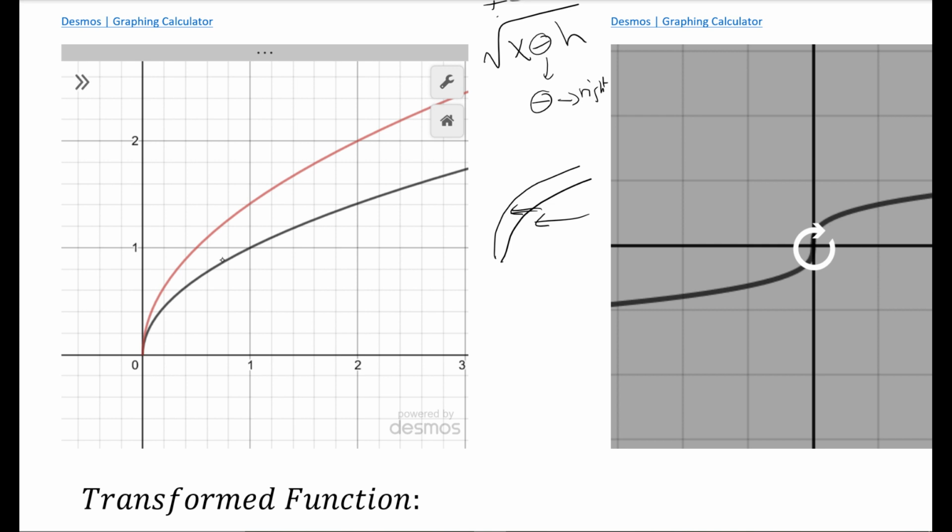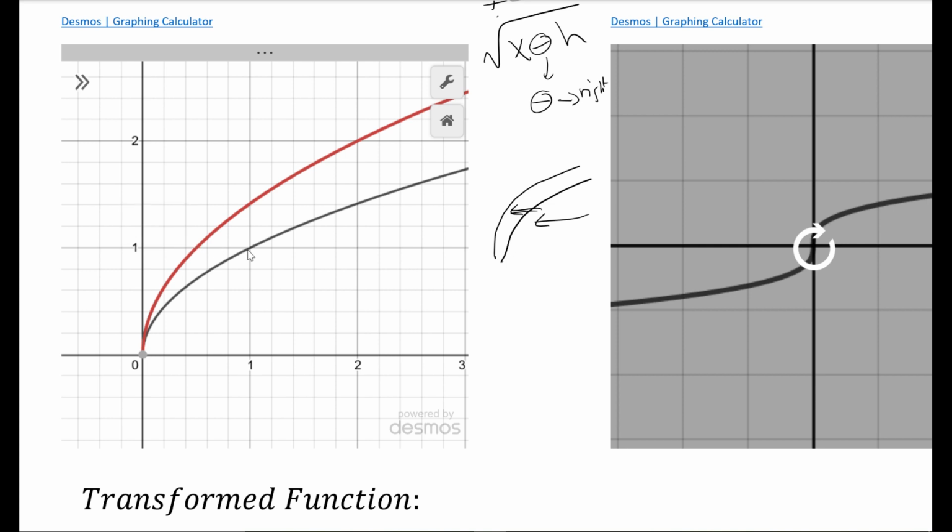It's kind of hard to tell, right? So how do I know that's a horizontal compression? Well, take a look at this point right here. This point is 1, 1. So we know that the y-coordinate is 1. Now we know that the y-coordinate here is also 1. But take a look at the x value.